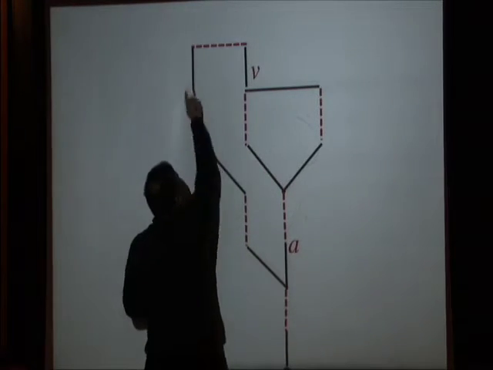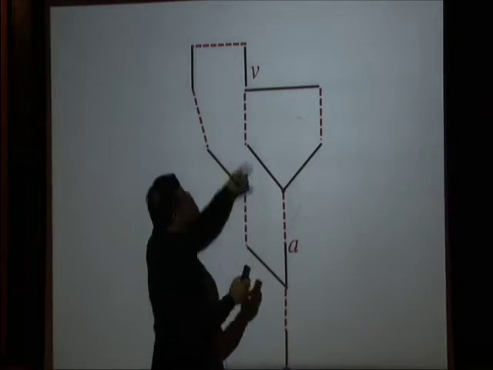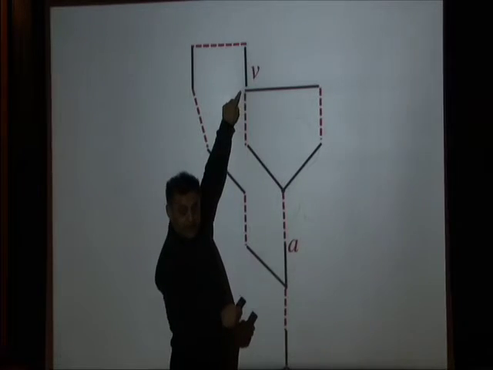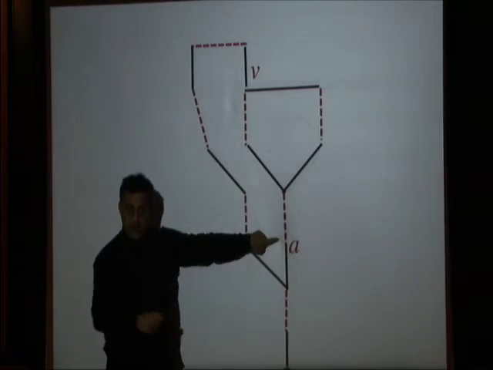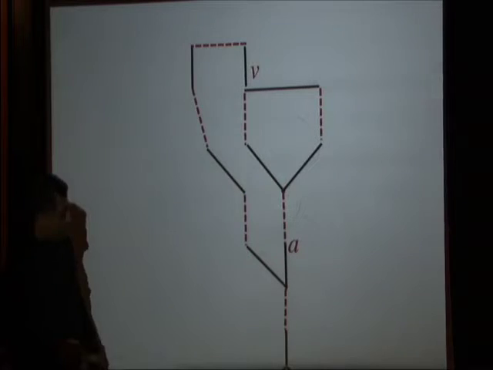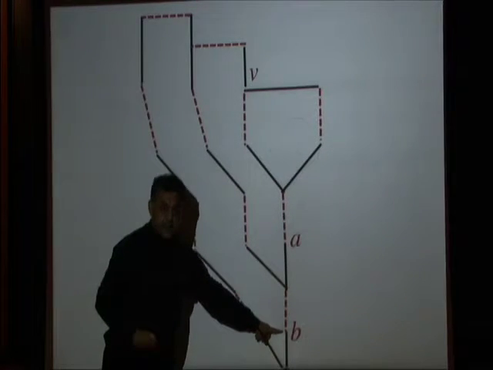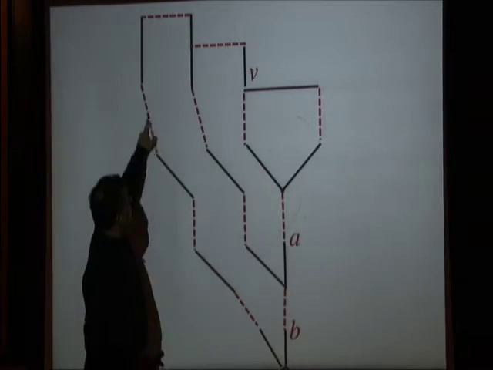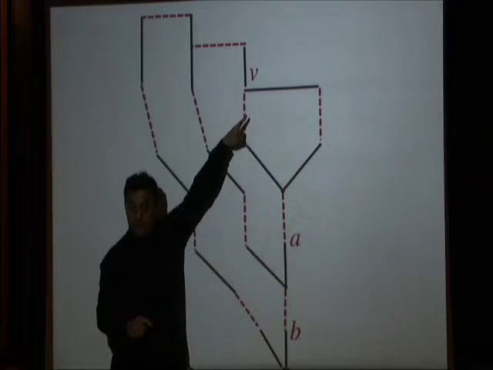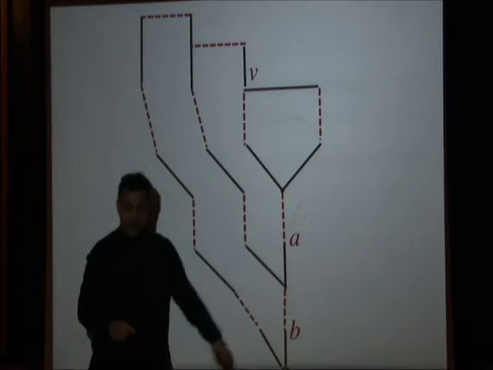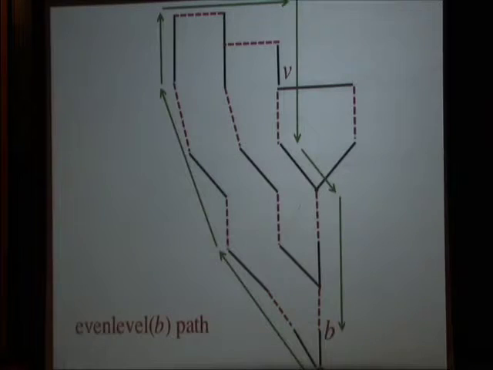Namely, you go like this. You go to V with an 11 length path, 9 length path, then you can find the even path to A. But not to this guy B. But we can find it to B also. If we go to V with an 11 length path, not 7 or 9, then we can find the even path to B. And that's how it looks like.